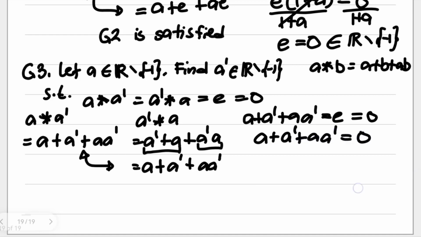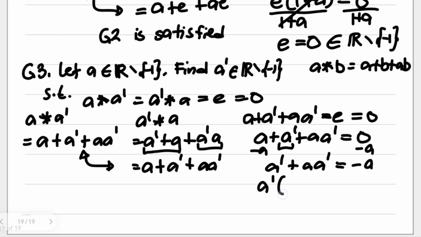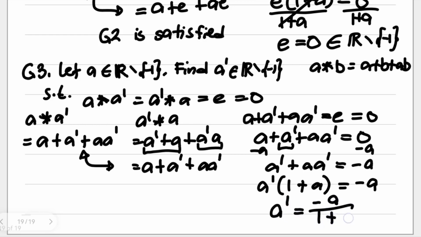Now we are solving for A inverse, so let's subtract both sides by A. You will have here A inverse plus A times A inverse is equal to negative A. Then we factor A inverse, you have 1 plus A times A inverse is equal to negative A. So our A inverse must be equal to negative A over 1 plus A. This is the general representation of our inverse for all elements of A. Of course, there will be a specific inverse for each, but this is the representation for all.